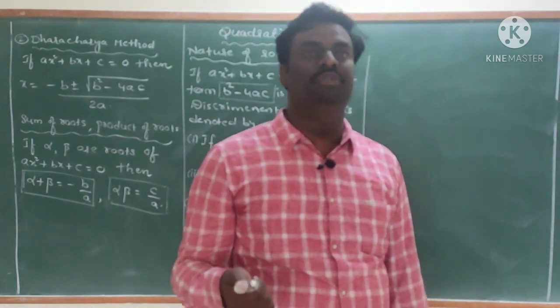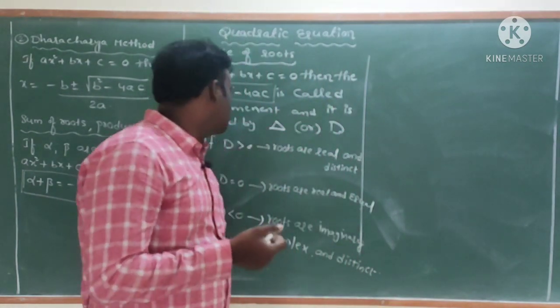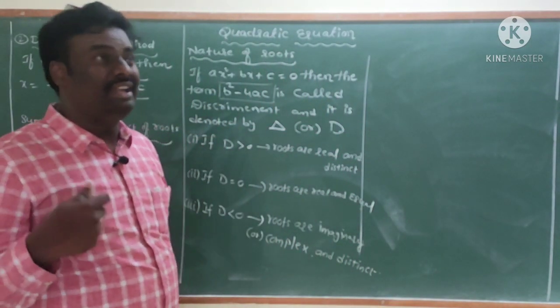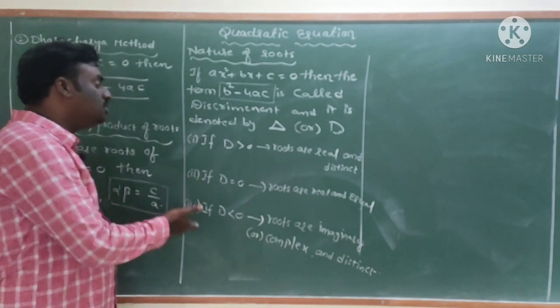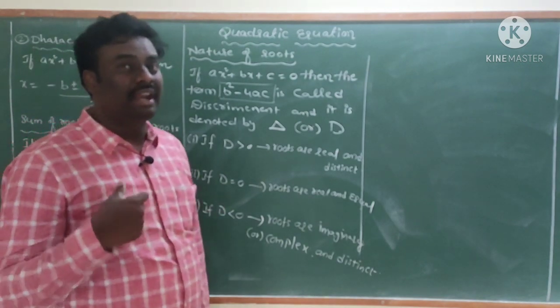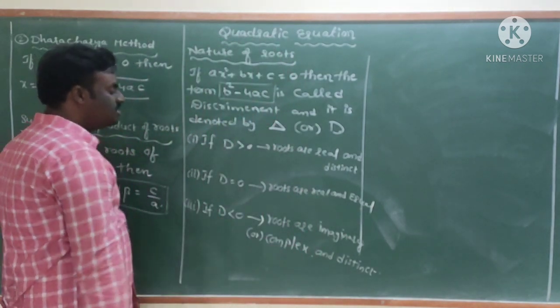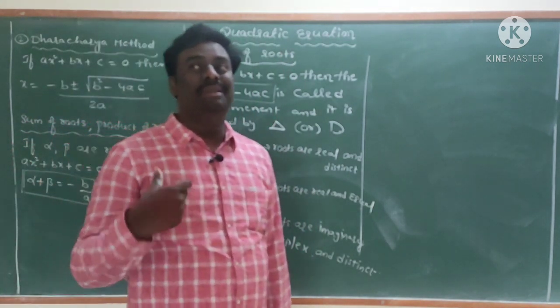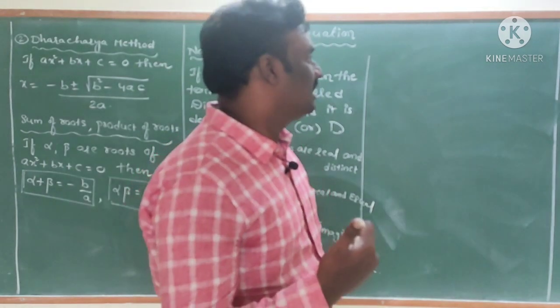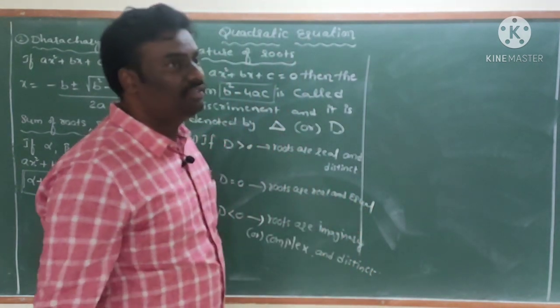Based on that value, if it is positive, the roots are real roots and distinct roots. If it is equal to 0, the roots are real and equal. If D value is less than 0, then the roots are imaginary and distinct. So this is the nature of the roots.